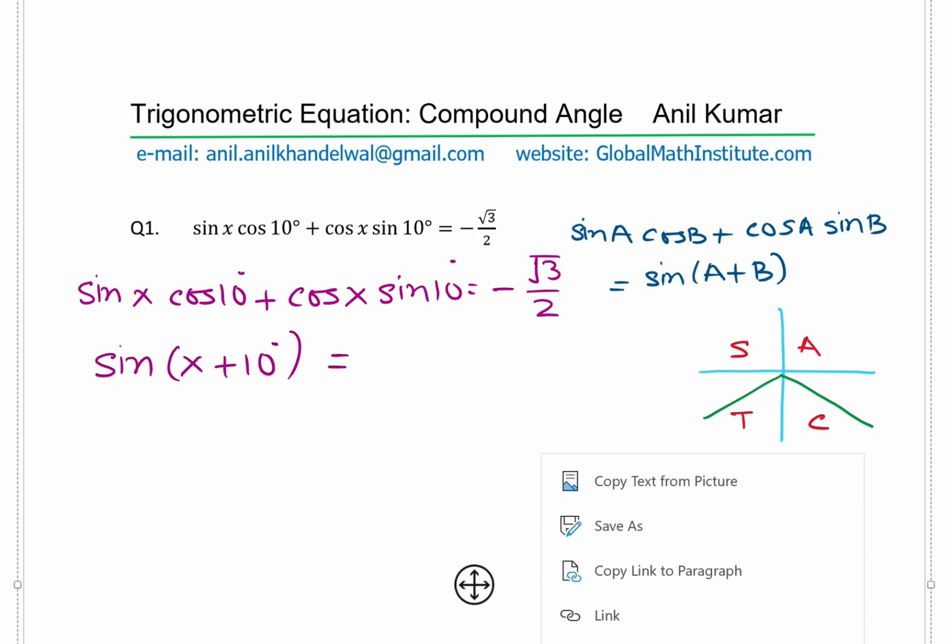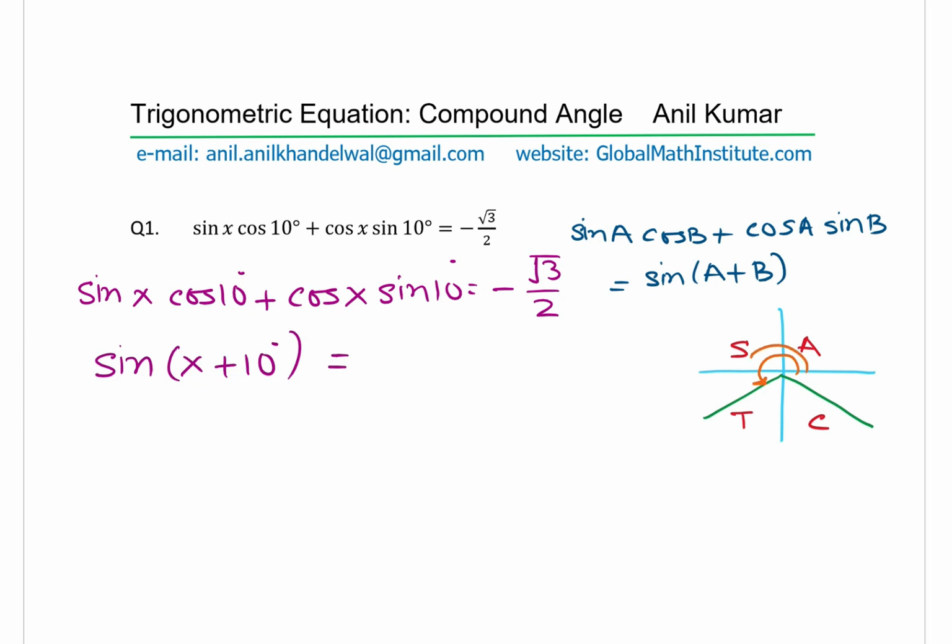Now we are looking for negative answer, right? So we are looking for a negative value. That means that we are looking for a solution in quadrant 3 or in quadrant 4. That is what we're looking for. Since we know that x is between 0 degrees to 360 degrees, as was given in the question, correct?